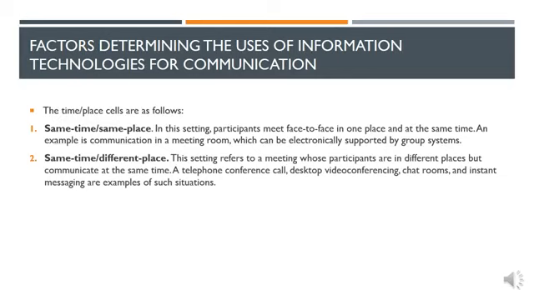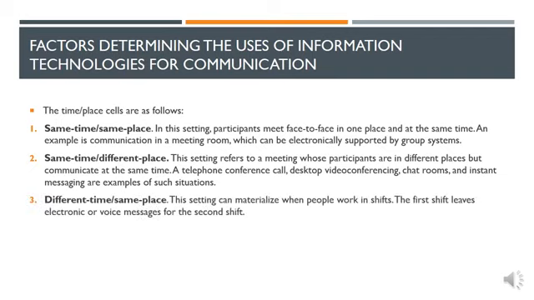Number 2, same time, different place. This setting refers to a meeting whose participants are in different places but communicate at the same time. A telephone conference call, desktop video conferencing, chat rooms, and instant messaging are examples of such situations. Number 3, different time, same place.